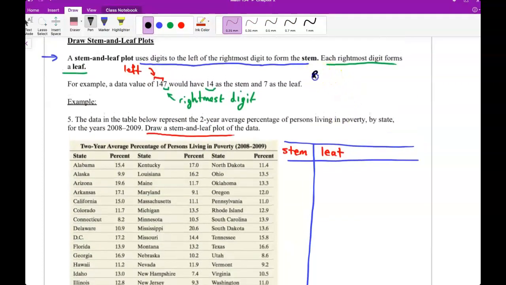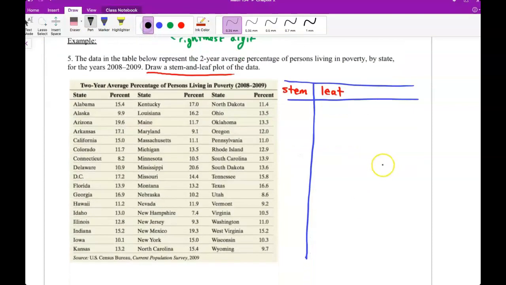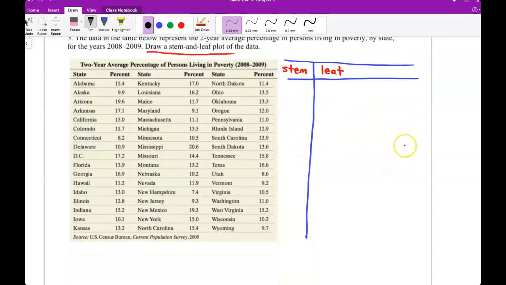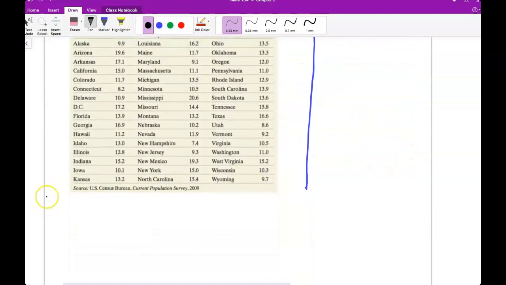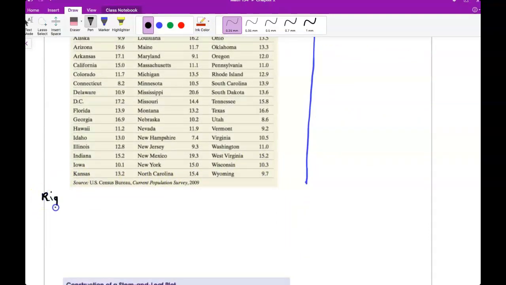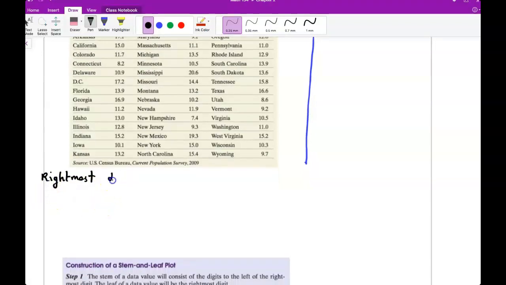So the rightmost digit is the 10th place.